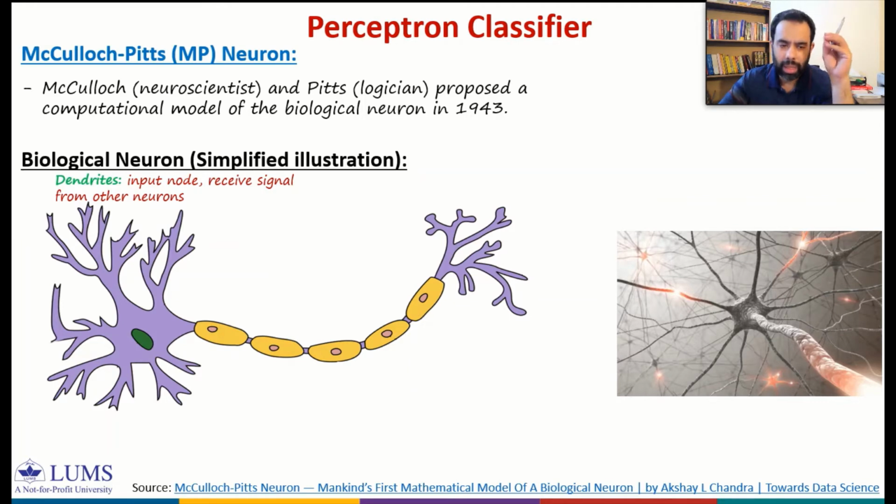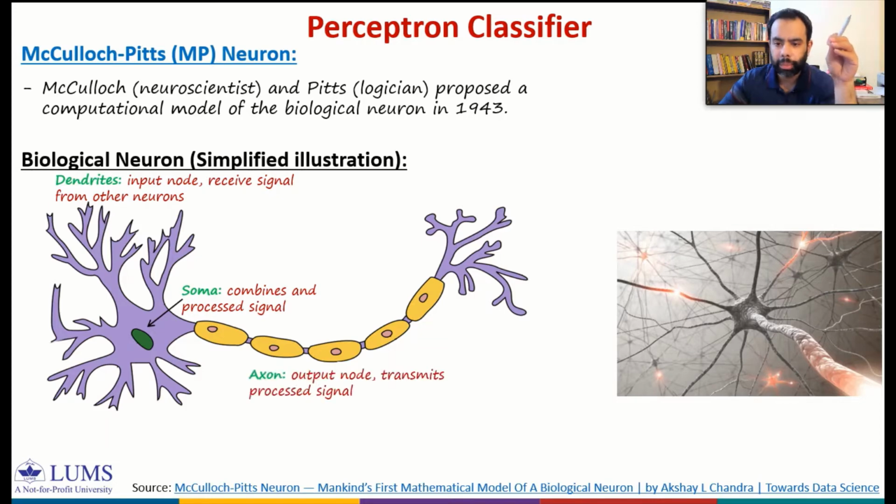A simplified model of one of those neurons would look like this, in which we have dendrites that serve as an input node. A neuron takes an input signal through dendrites, and these signals are combined or processed in the soma, and once we have a processed signal, we pass it on to other neurons or to the output node through the axon. Once the axon receives an output signal from the soma, it is transmitted to other neurons through synapses.